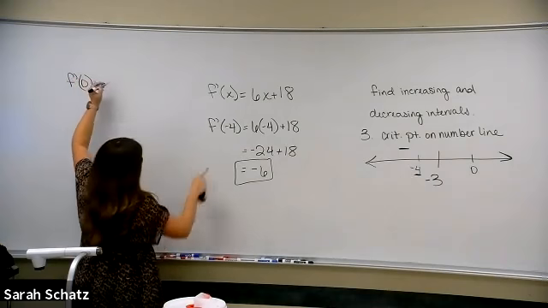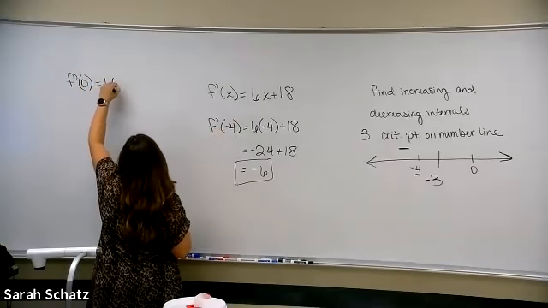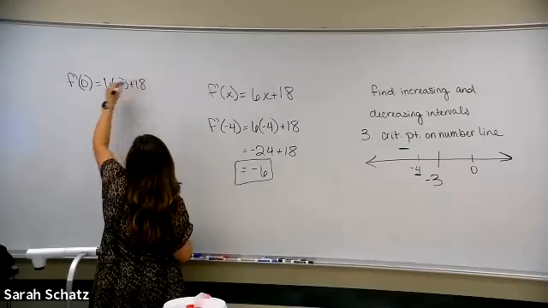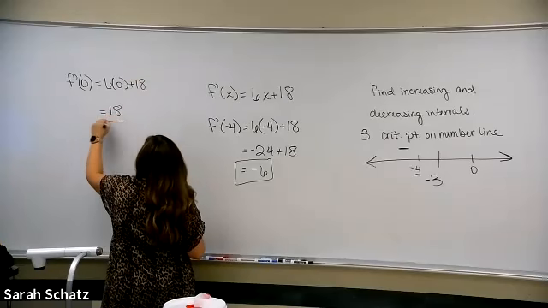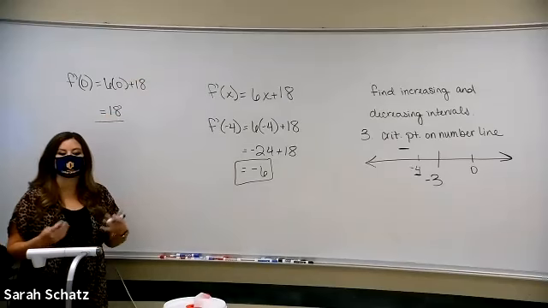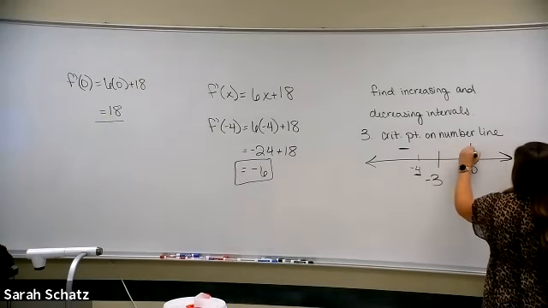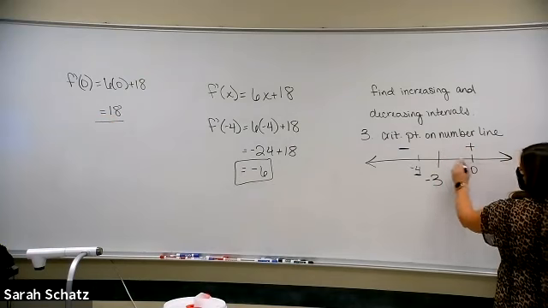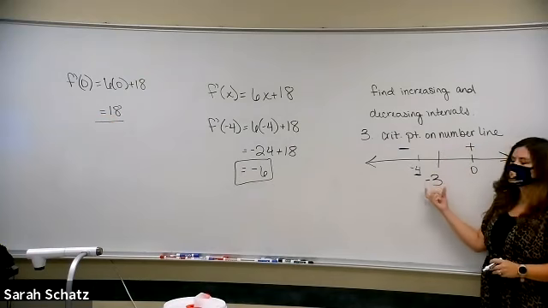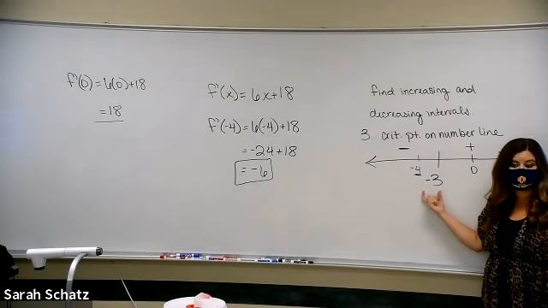So put in 0 for this derivative. You'll get 6 times 0 plus 18, and I get positive 18. It's positive at 0, which means it's positive for this entire interval over here, because this is the only point where it could possibly change.